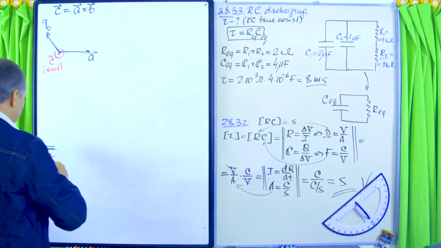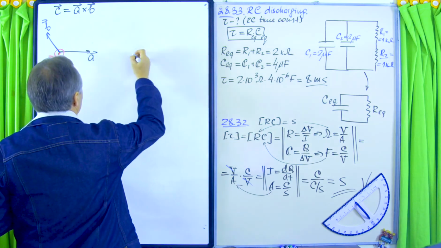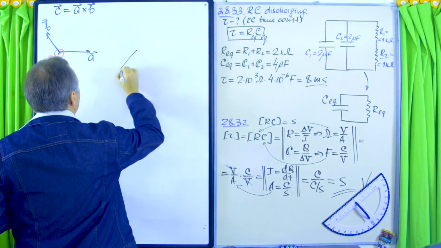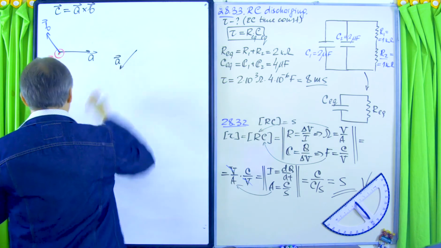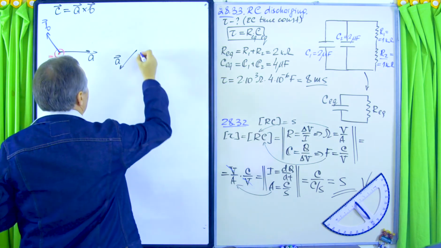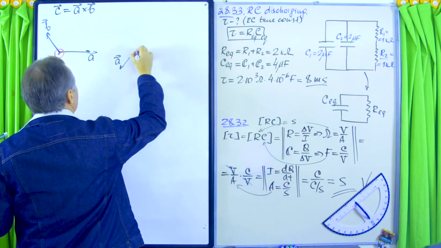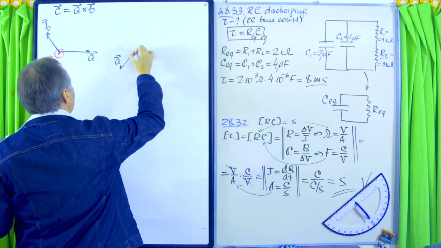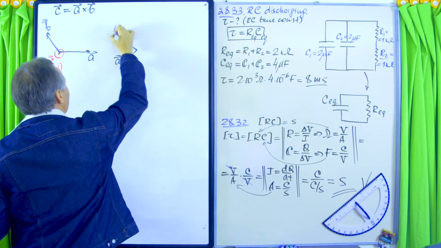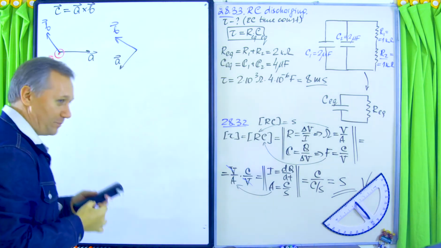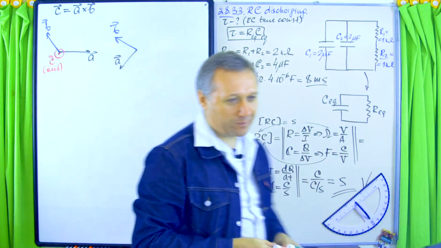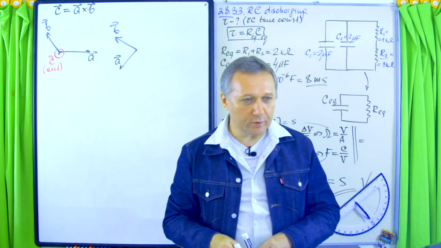Okay, so now let me give you a slightly different situation. So let's say a vector A and let's say vector B. I'm just making it up, guys. So what will be the direction of the cross product?